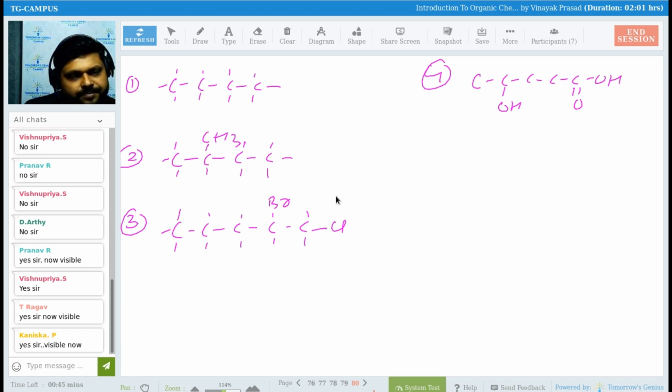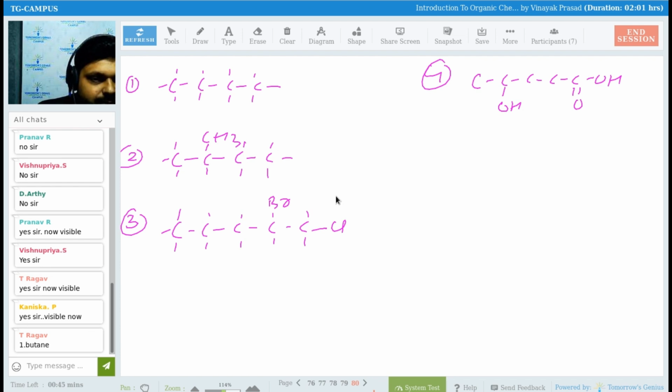Now tell me guys, what will be the name for this compound? Please write your answer in the chat box. So this is butane.